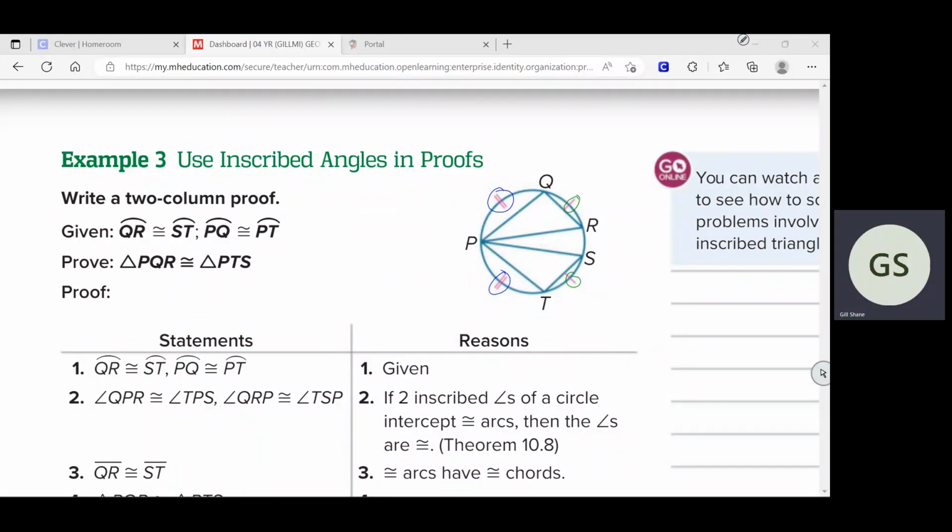Chord. Right there. Chord. So if we know that the arcs are the same length, we know the chords are the same length. That was from last quiz, which means those chords are also the same length.